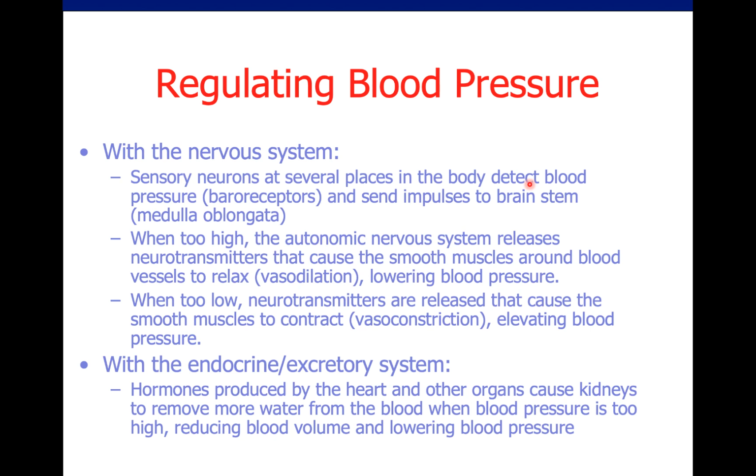Let's say your blood pressure is very high for some reason or another. When blood pressure is too high, the baroreceptors will sense the high pressure and they will send a signal to the autonomic nervous system. Remember, this is the automatic nervous system, sympathetic, parasympathetic, to help release neurotransmitters that are going to cause vasodilation.